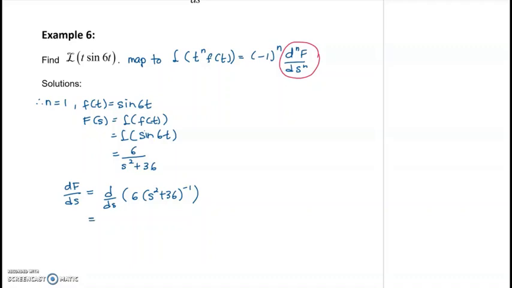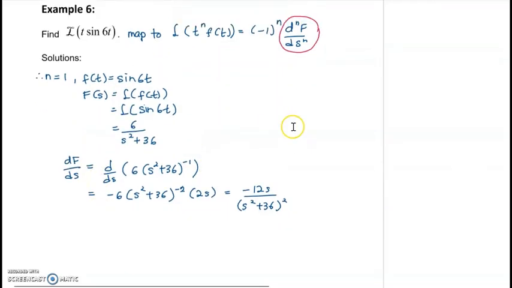Differentiate the term in the bracket: I have negative 1 in front, so negative 6 times (s squared plus 36), and now the power becomes negative 2, negative 1 minus 1. But don't forget we need to differentiate s squared, so we have 2s. 2 times 6 is 12, so we have negative 12s over (s squared plus 36) squared. That is dF/ds.